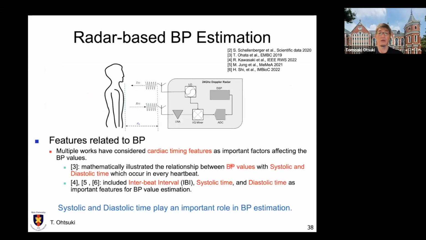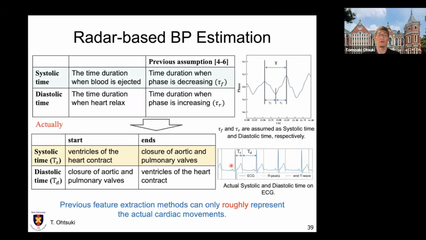And also I want to show the radar-based BP estimation. So using radar, as I mentioned, the waveform timing information is very important. That is the BP information as I mentioned before.